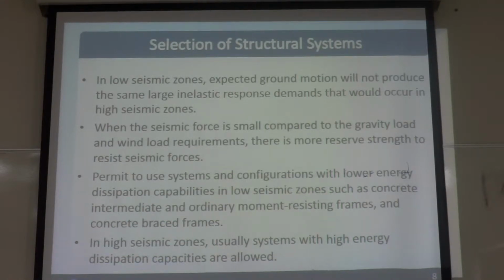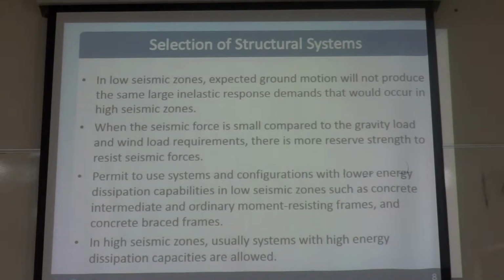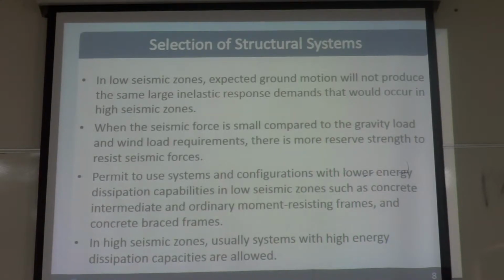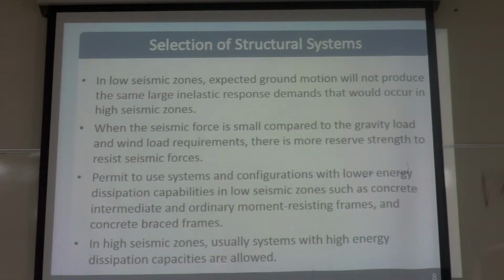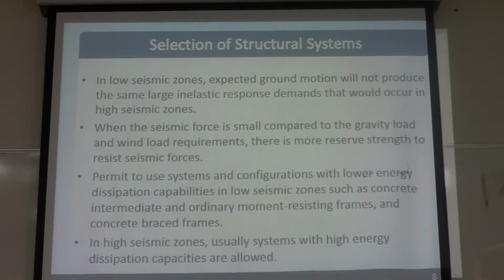In seismic design, when we select the structural system, we have to check the seismic intensity of the project site. If we construct in a low seismic zone, the expected ground motion will not produce large inelastic displacement in the building.